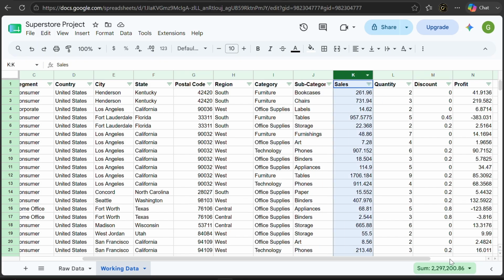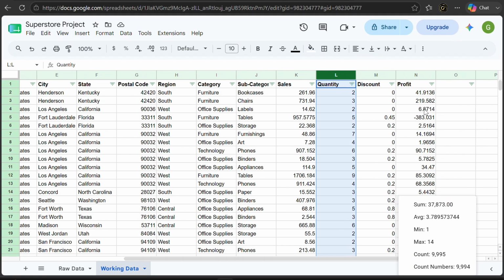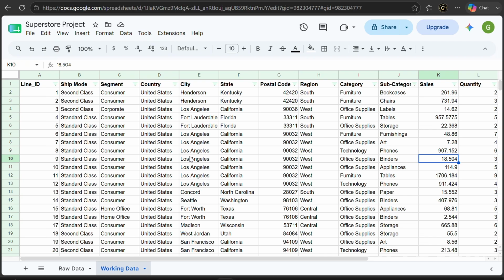Subcategories, let's check this also: 9,995. Column L, same thing. What this means for us is that there are no missing cells. That's another good thing about this data set. We do not have any missing values in this data set.